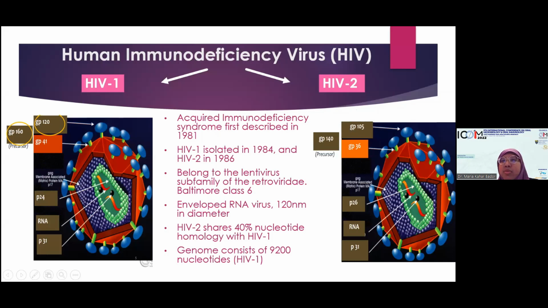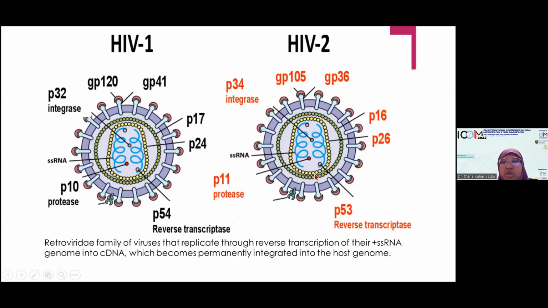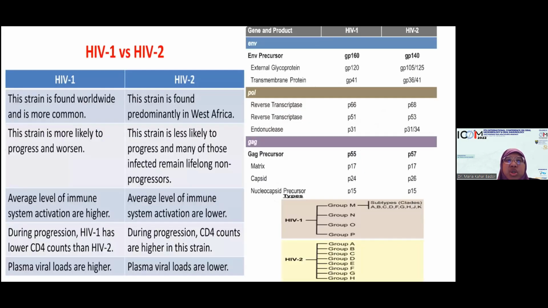At the same time, to understand that there are differences in the glycoprotein, and that is important when we're trying to differentiate between HIV-1 and HIV-2. But they also share things like reverse transcriptase and integrase, which integrates their single-stranded RNA, and that becomes permanently integrated into the host genome.